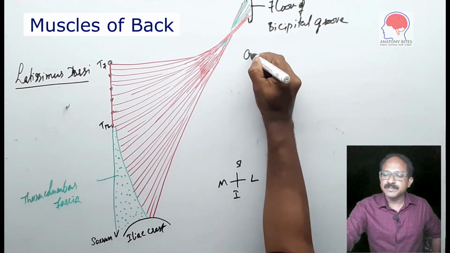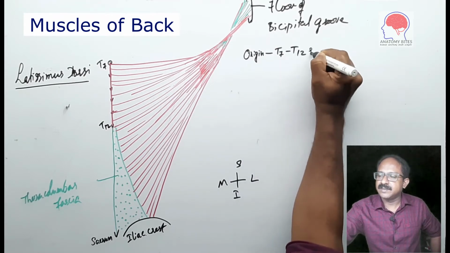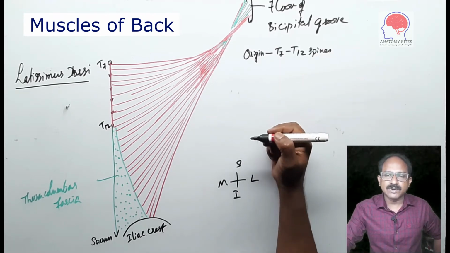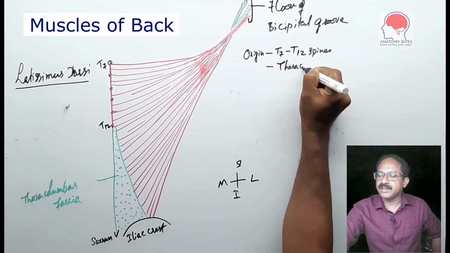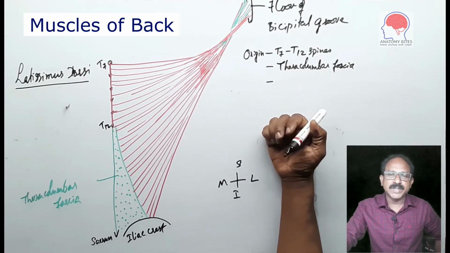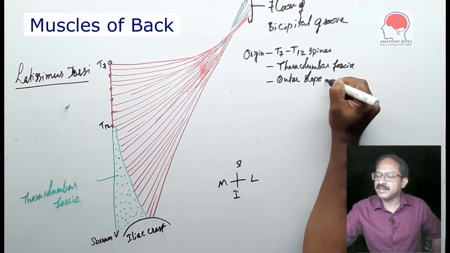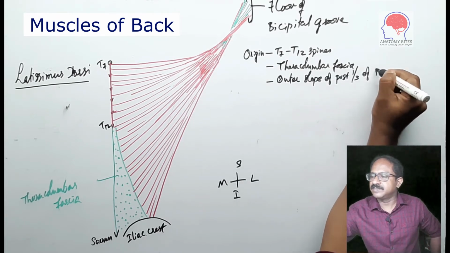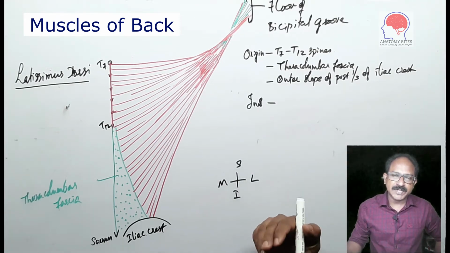So here is the origin. T7 to T12 spines, thoracolumbar fascia. From the outer slope of the posterior one third of the iliac crest. The fibers have a twisted insertion.